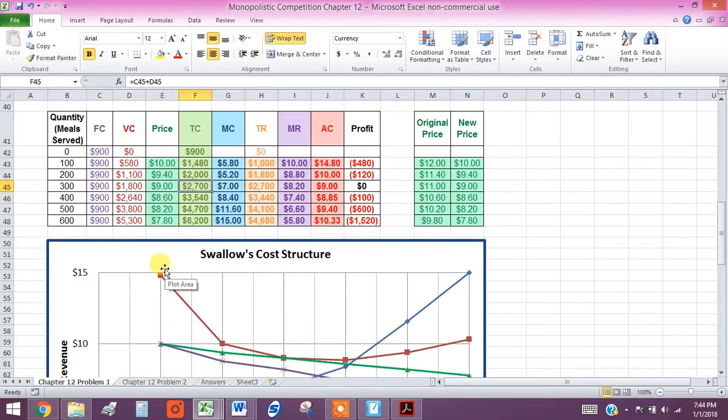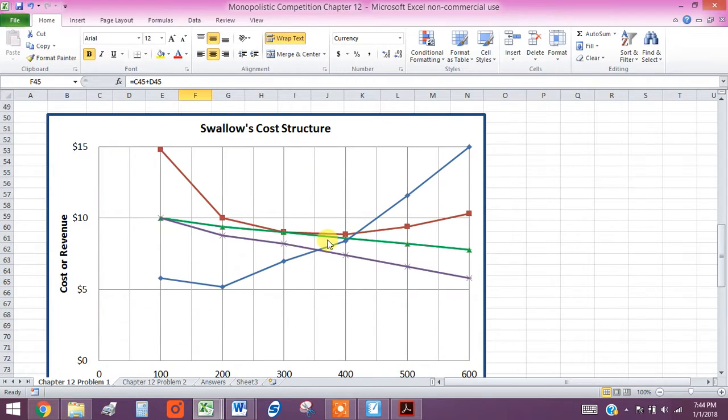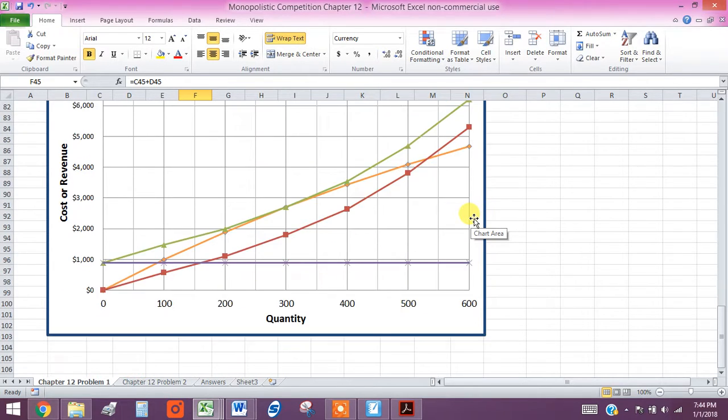Total revenue is maximum where marginal revenue is 0, because that's where there's no change at all, which means the change in revenue is 0. And we can't see that on this graph. It just does not show enough quantity output.